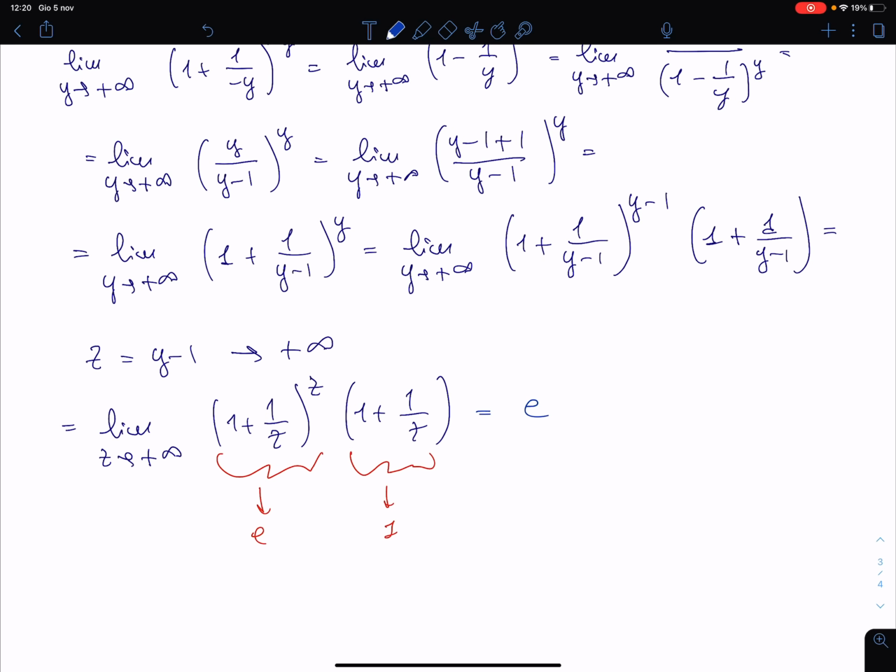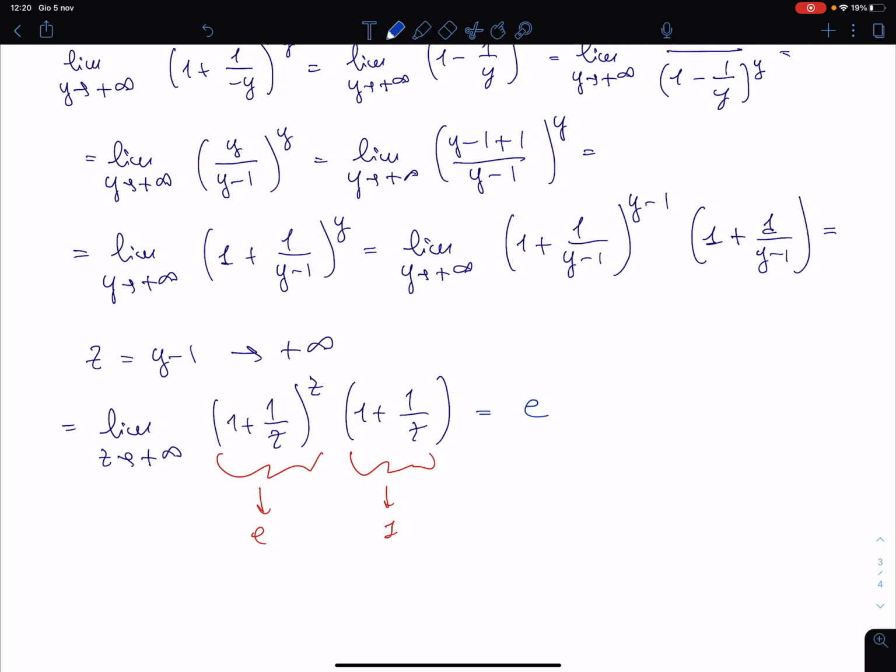Very, very simply. Okay, and with that, here we finish our introduction on composition of functions, and you have to be trained on that and compute a lot of limits, but we will see many limits also together.